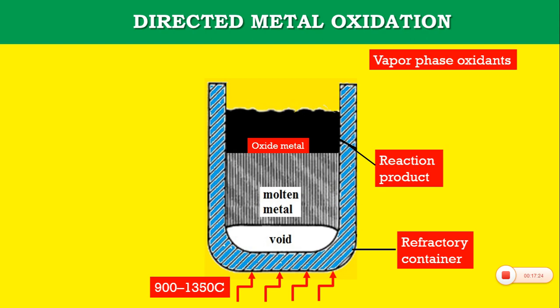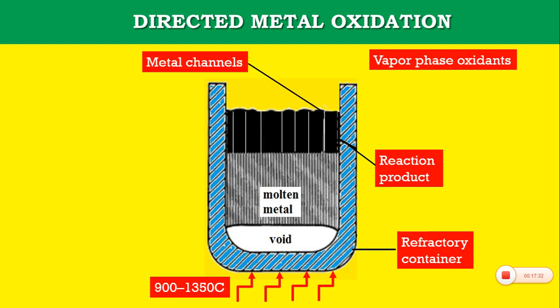Instead, it contains small pores that form a channel through which the molten metal is drawn up to the top surface of the film, thereby continuing the oxidation process.